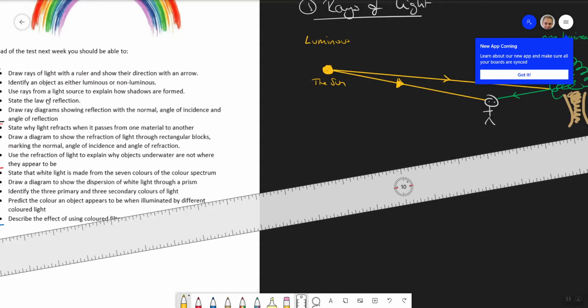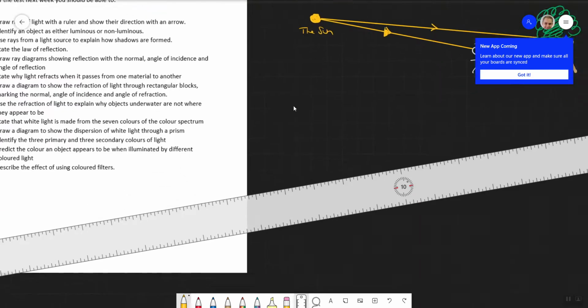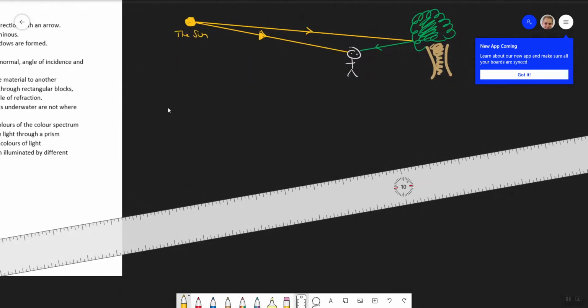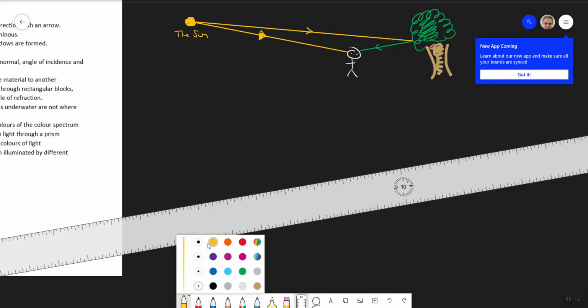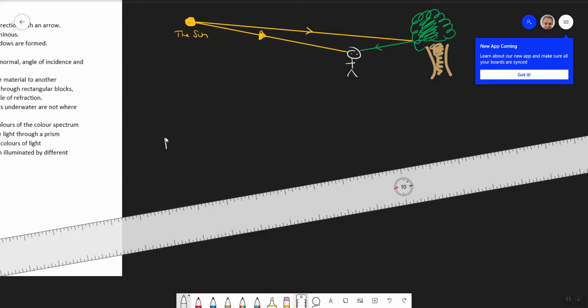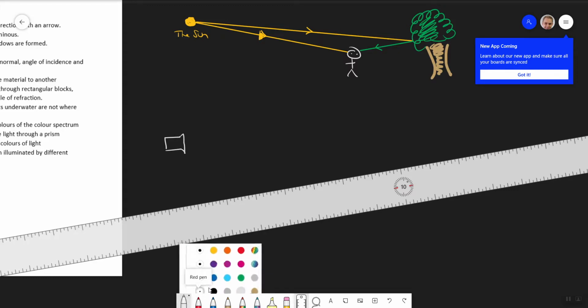So how are shadows formed? Okay. So next thing we want to think about is how a shadow is formed. So let's start with an object. Let's try and see if I can draw a torch. This is my effort to draw a torch. And it's going to be giving off light.